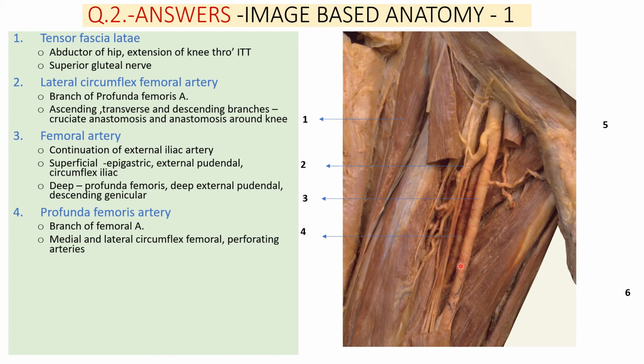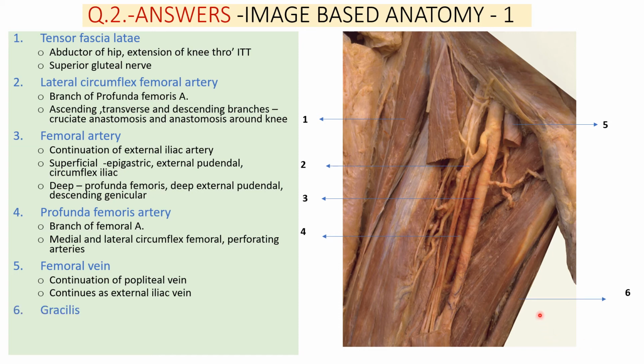That's about the profunda femoris artery. And coming to the fifth one, it's the vessel, that is the femoral vein, and it is the continuation of popliteal vein, and it continues as external iliac vein. This is also a content of the femoral sheath.